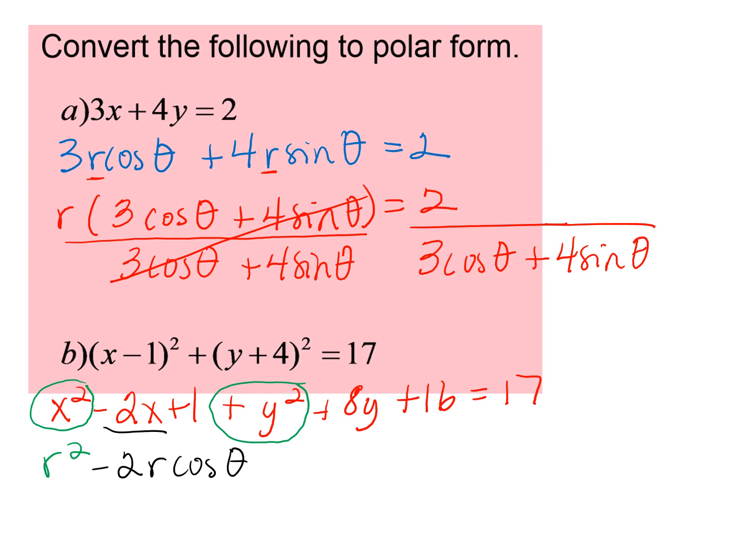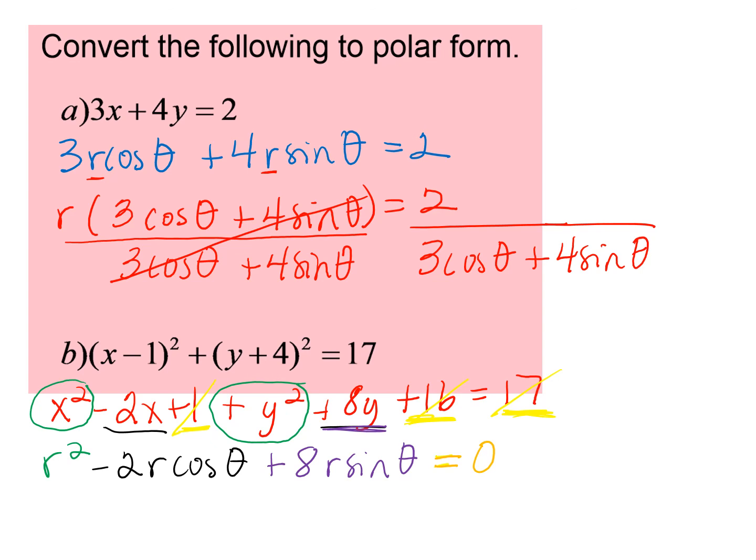And next I'm going to take the plus 8y, and y we know is r sine theta. What turns out to be really cool is that 1 plus 16 is 17, and we have a 17 on both sides, so those will cancel out. So we are left with an equation equal to 0.